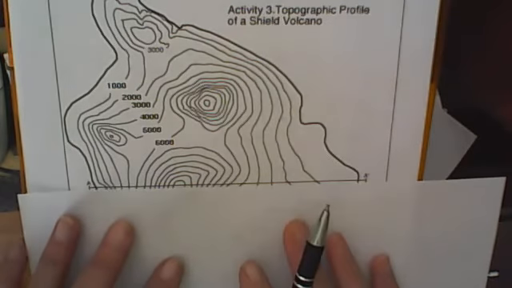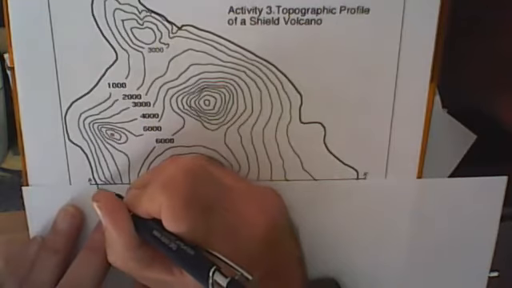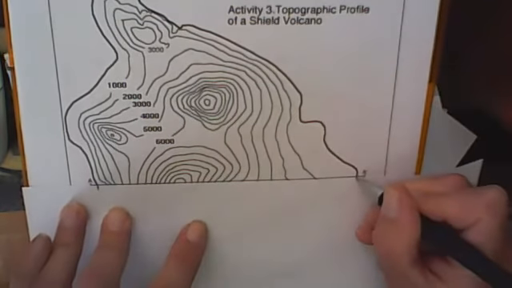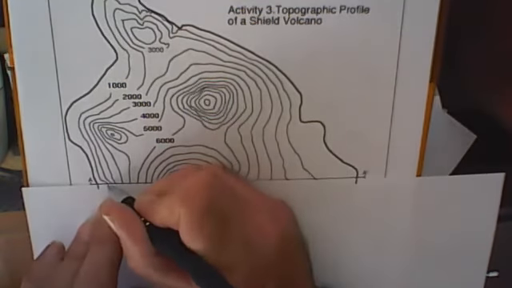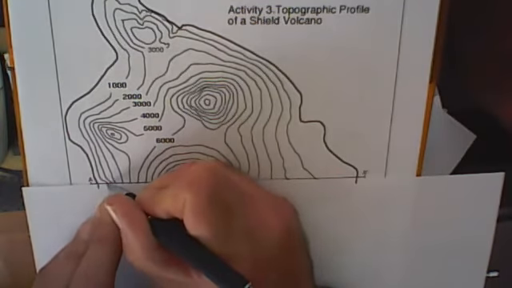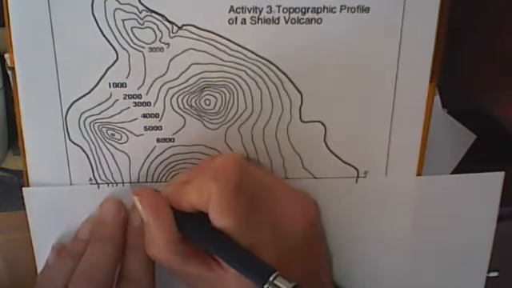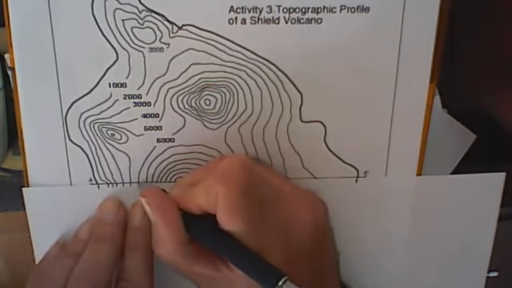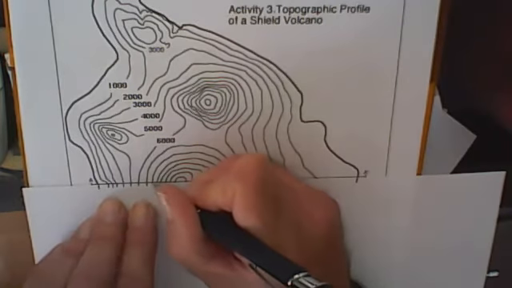So the first thing you do is get a piece of paper, mark the outside edges here, and now you just make a tick mark for each of these lines where your piece of paper, where this cross-section line intersects a topo line.